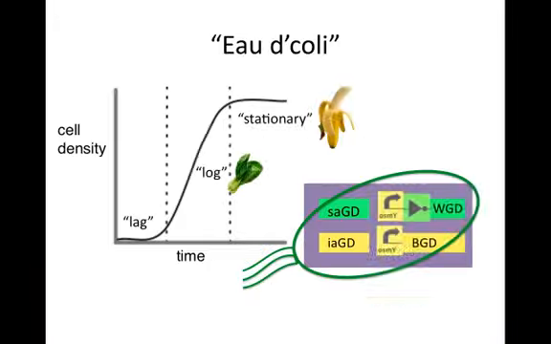But where I'd like to start is in case you have done some reading and some thinking about another of the BioBuilder activities called Oh That Smell, which is based on the Eau d'coli project from the MIT iGEM team in 2006.